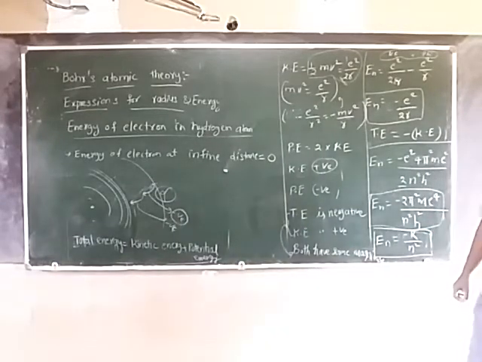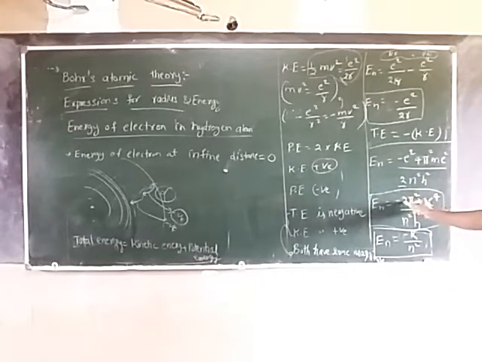I am saying once again, En is equal to minus 2 pi square me4 by n square h square. So these are constants: 2 pi square, m the mass of the electron, e the charge of the electron, and h Planck's constant. So that's why we are taking the k. En is equal to minus k by n square.